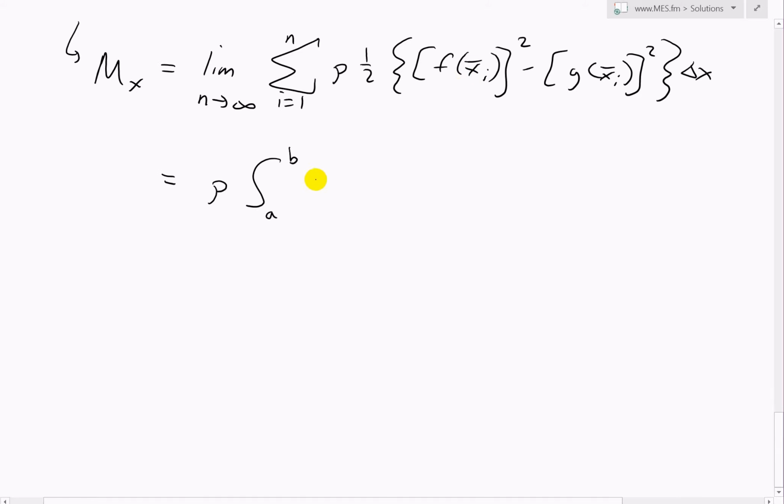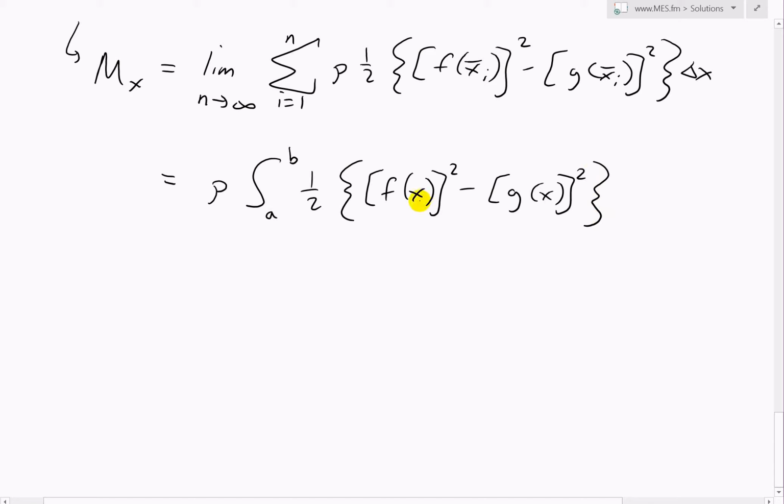So that's going to be our 1/2, and let's write the bracket like that: f of x squared minus g of x squared. It's different brackets because we have so many brackets right here. And then dx for infinitely small like that.